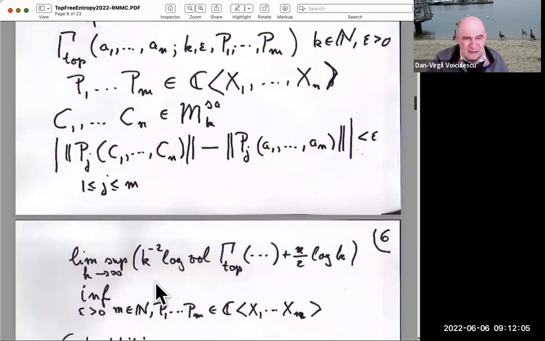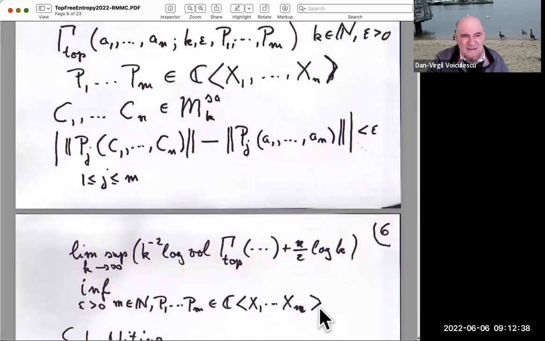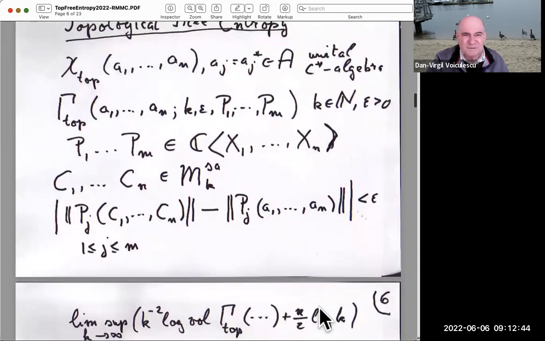one performs the same steps. One takes the logarithm of the volume of the microstate space, divides it by k squared, that's the dimension of the metric space, and one makes this additive correction n over 2 logarithm of k, and then takes the infimum over all possible choices of epsilon, of m, P1, ..., Pm, the polynomials, etc. And that's the notion of topological free entropy.